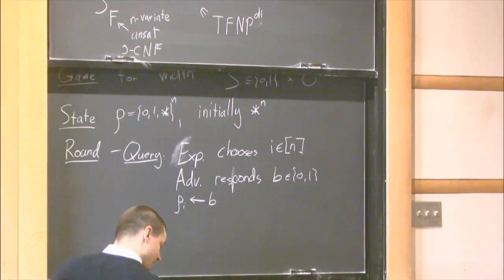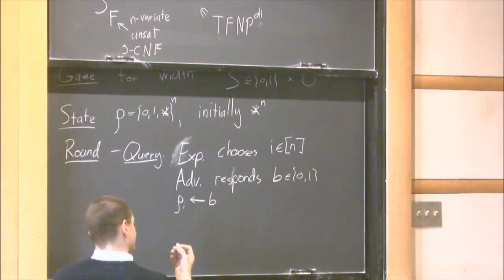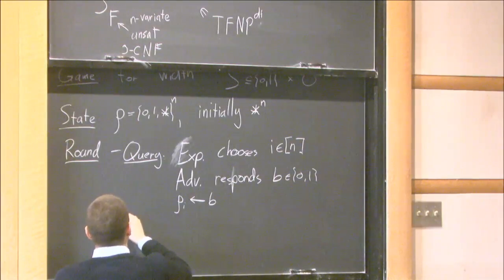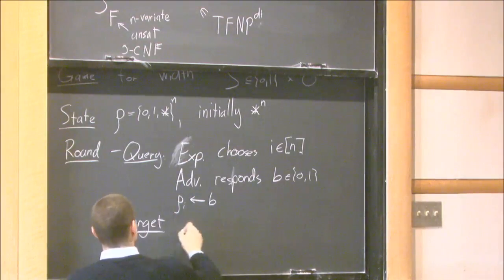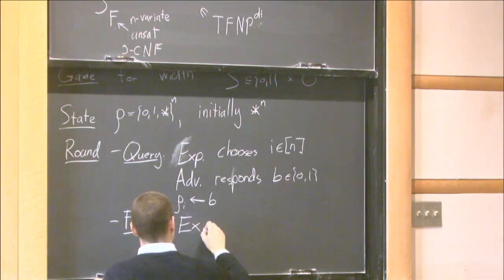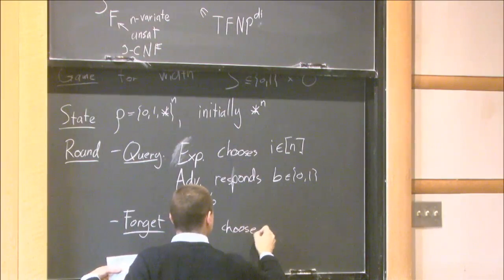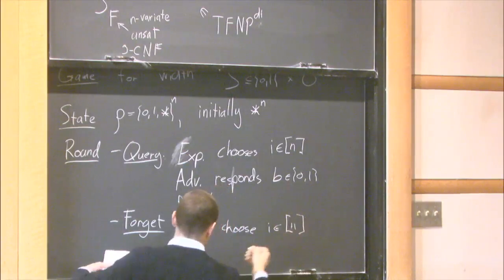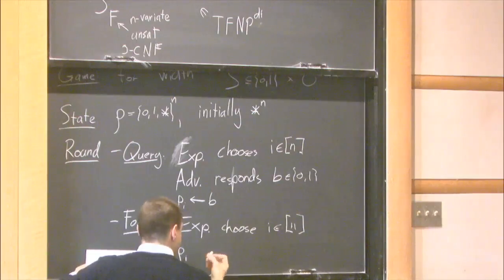But then the new thing, what takes account of the fact that we're dealing with a DAG-like model, is that now you can also forget things you queried. So the Explorer can again choose a coordinate, and we forget the bit that was in that coordinate.